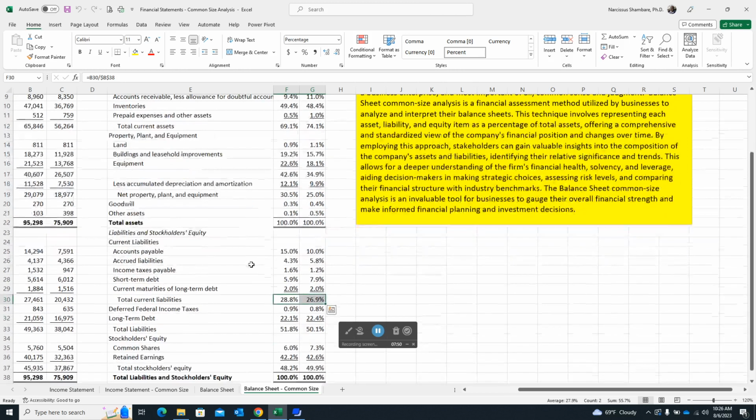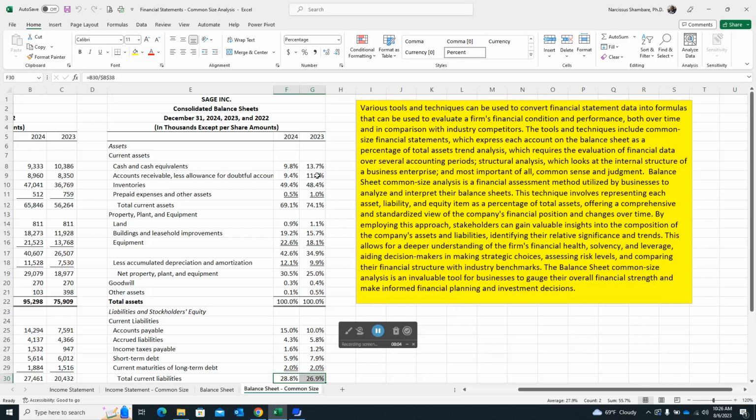Now, what about on the liabilities and stockholders' equity side of things? We can see here that accounts payable grew by 5 percentage points over the last 2 years, right? Is that a problem or not? Well, maybe it was cheap money we were able to access, right?